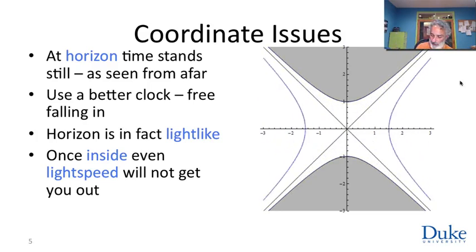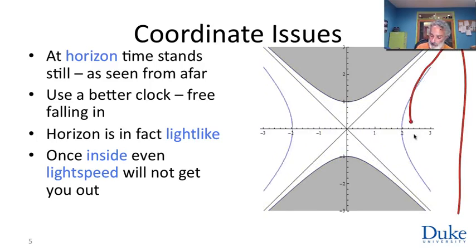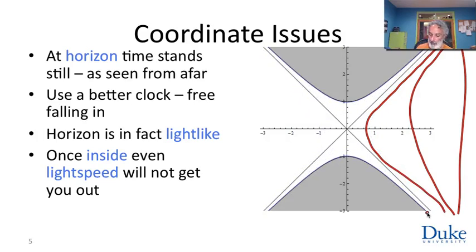And far away from the black hole, you see that the constant r surface might look like this. And so this coordinate could be thought of as distance from the black hole. But as you move closer in, lines of closer distance to the black hole look more and more like this. And then the line r equals r Schwarzschild is exactly the horizon.